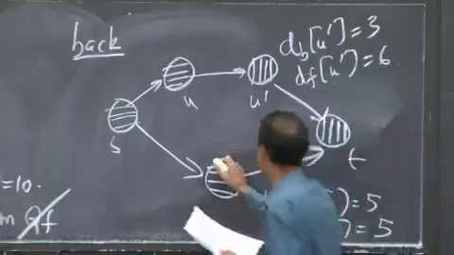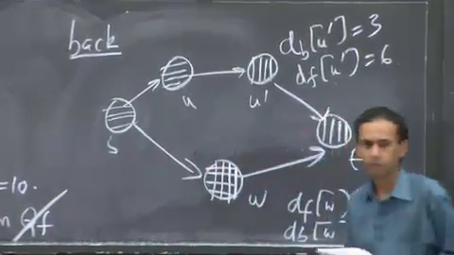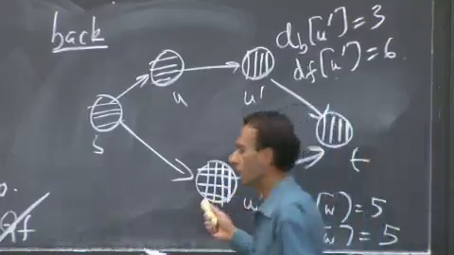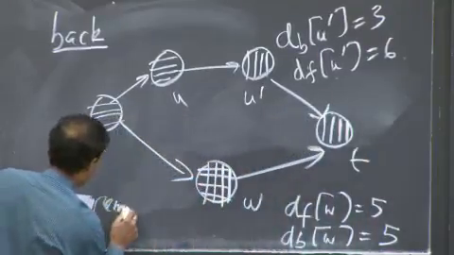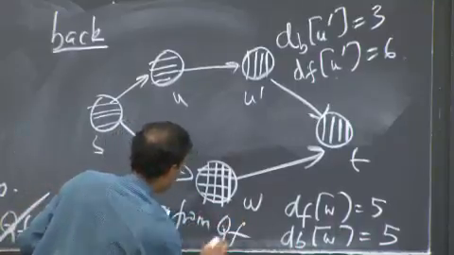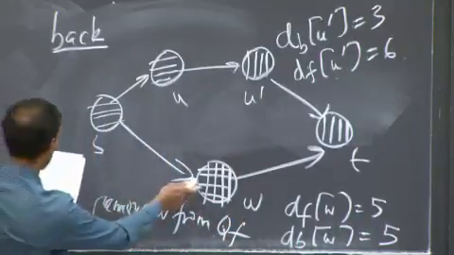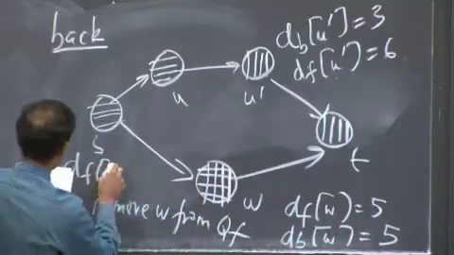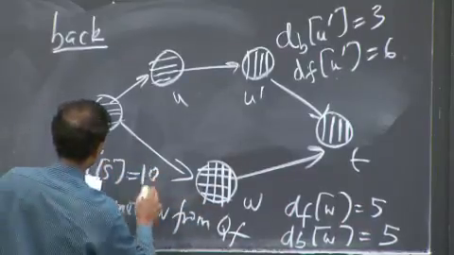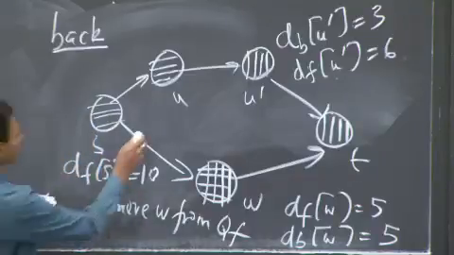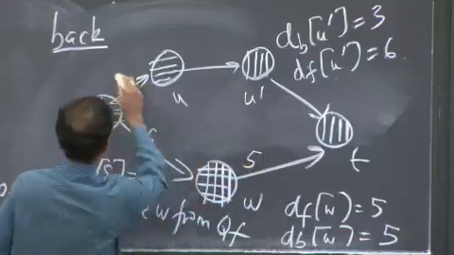So therefore, you will pick W and remove it from QF, and process it. And what you end up with is DF of S equals 10. OK? That's what you get because this is a 5, and that's a 5.